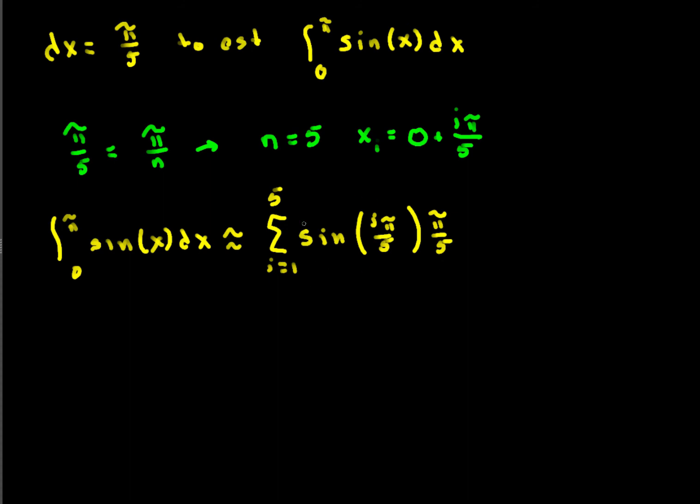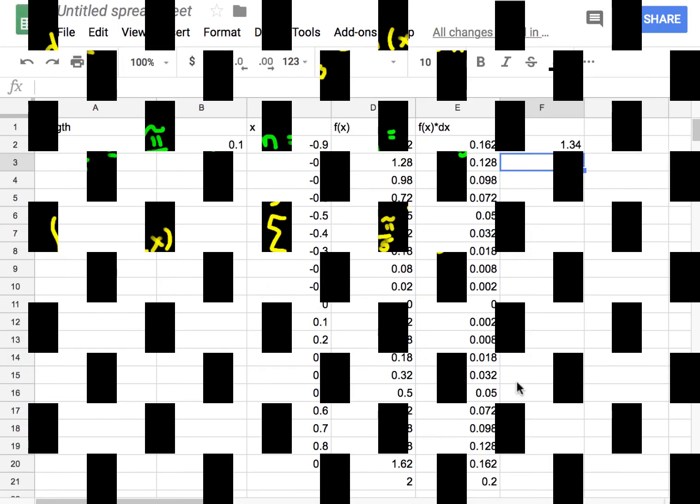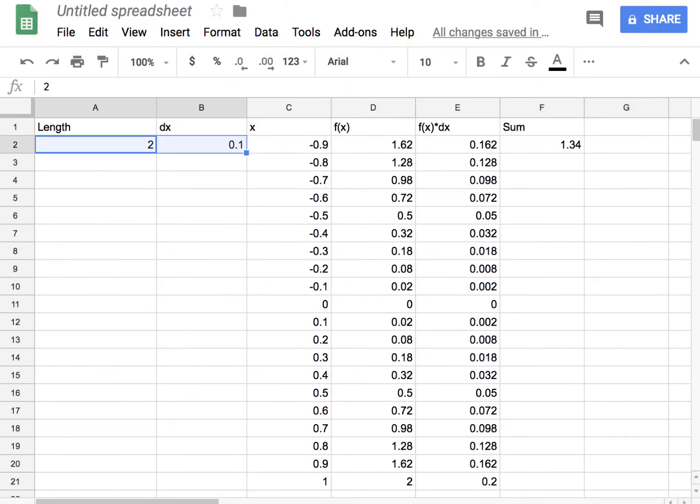Now, we couldn't even by hand calculate sine of pi over 5 since that's not a nice reference angle. So we have to use a calculator to estimate this value. So again, let's go back to our handy spreadsheet and we'll clear out our values here.